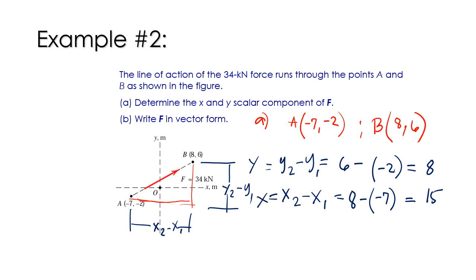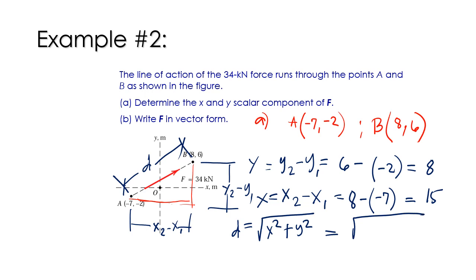Then let the length AB be equal to D. So our D is equal to the square root of x squared plus y squared. So it is equal to the square root of 15 squared plus 8 squared, so equals 17.